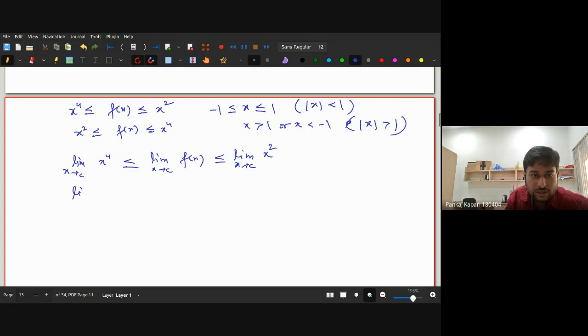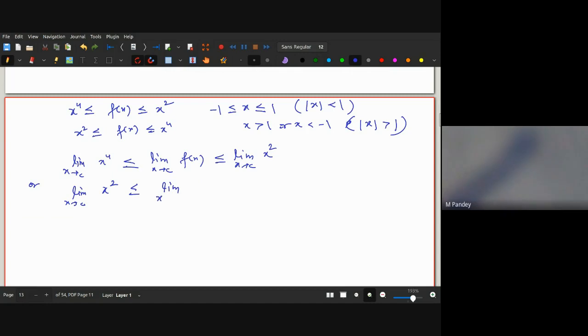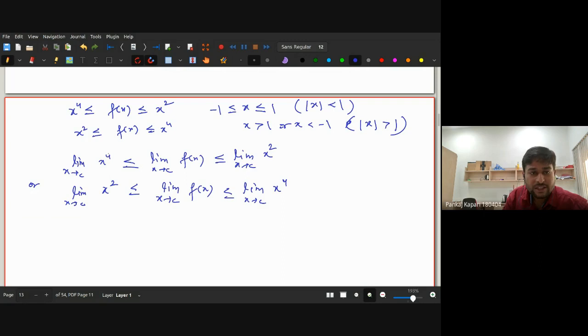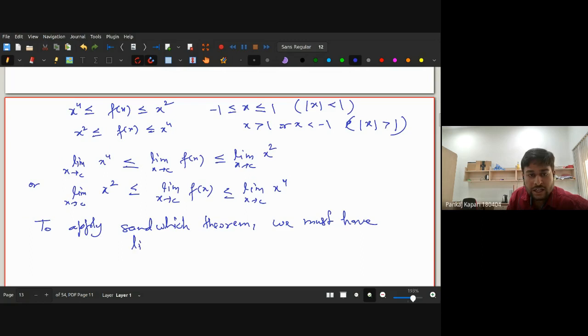Now, to apply the sandwich theorem, we want these two limits to be equal, the limit of x to the power 4 and the limit of x square as x approaches c.